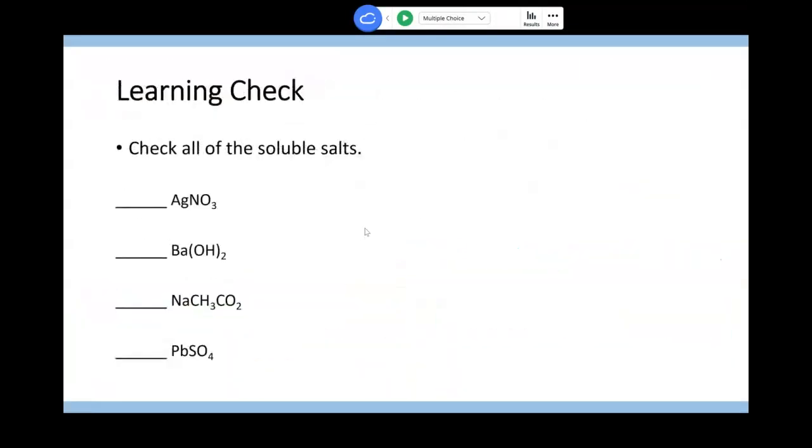So one of the questions that we didn't get to was this learning check here. And we're looking to find all of these soluble salts. So let's go through these. We have silver nitrate first.